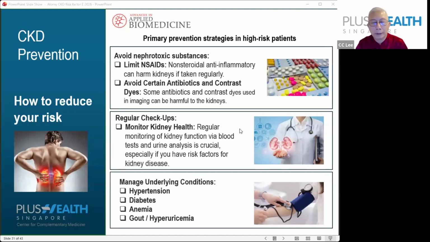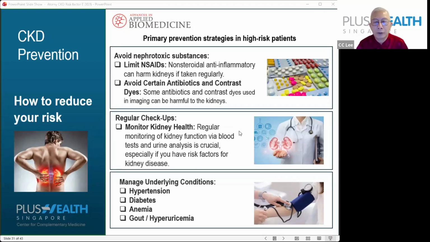This is very important. If you have a high risk, you should not skip your regular checkup of kidney function, because a lot of kidney problems cannot be detected through symptoms alone.